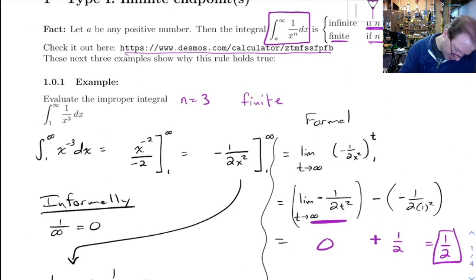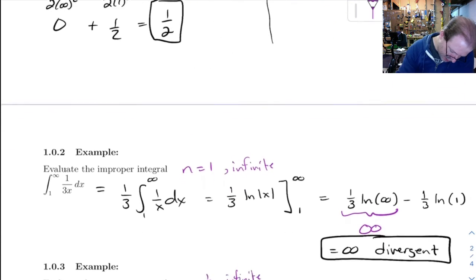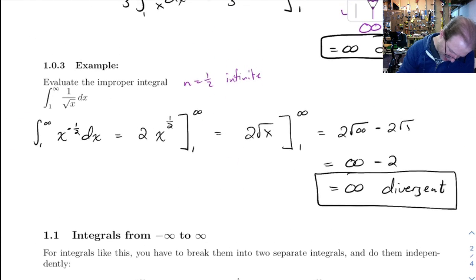But up here, when the exponent was bigger than 1, after we integrate, the x stays in the denominator. And so that makes the limit part go to 0, and we get something finite. So anyway, that's 3 examples of those.